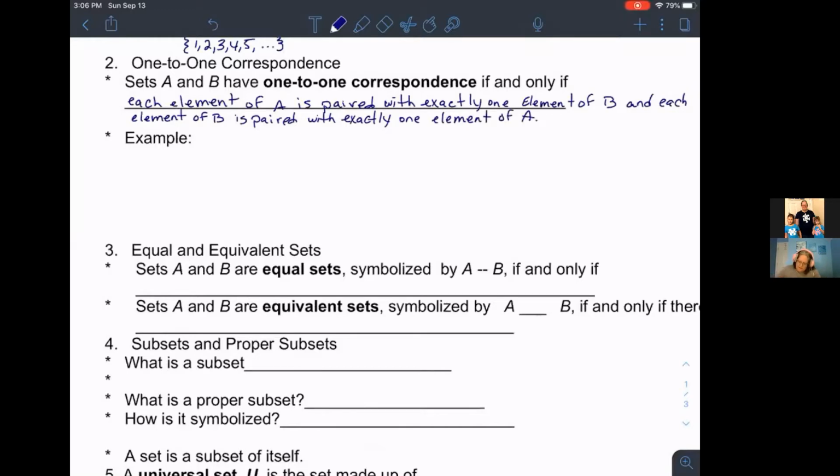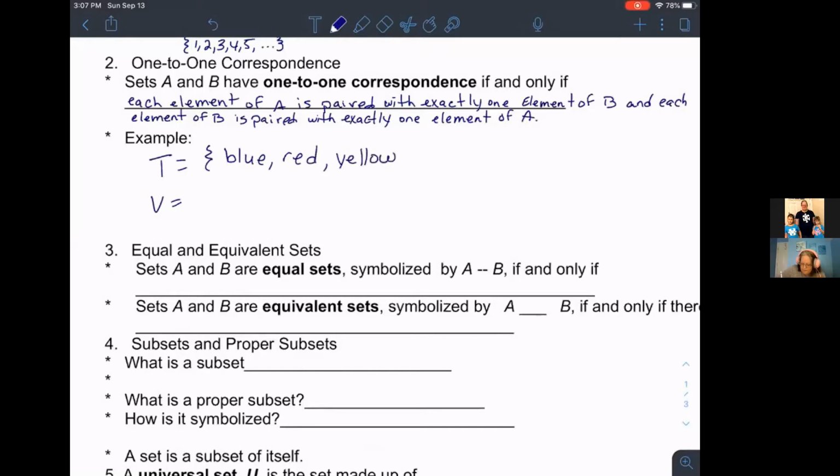So an example would be, let's say we have T and V sets. We have a set of blue, red, and yellow.